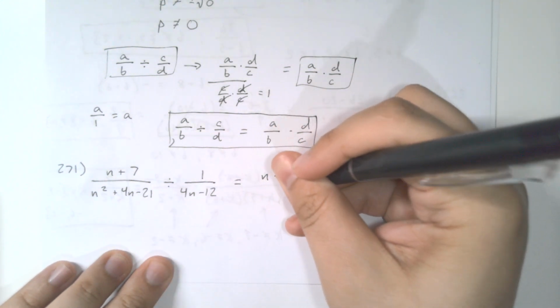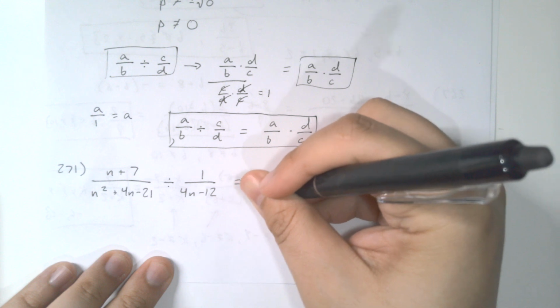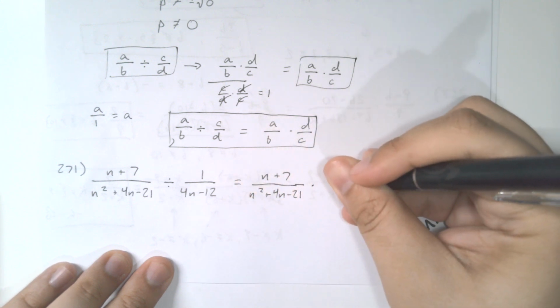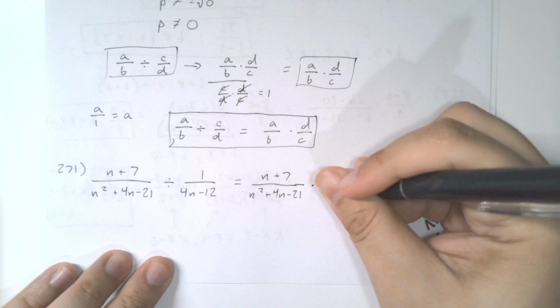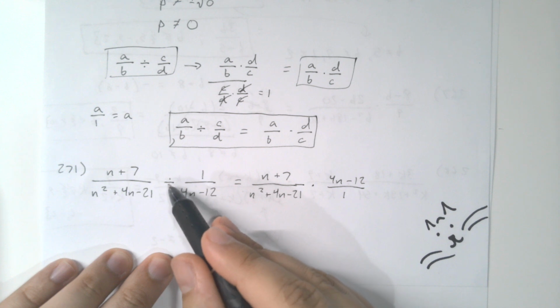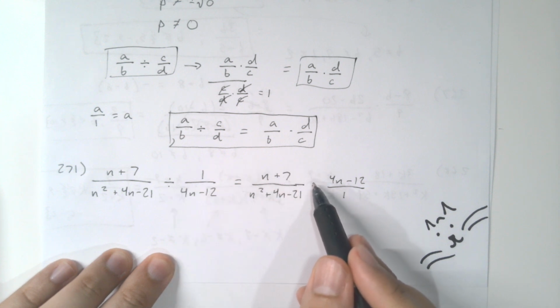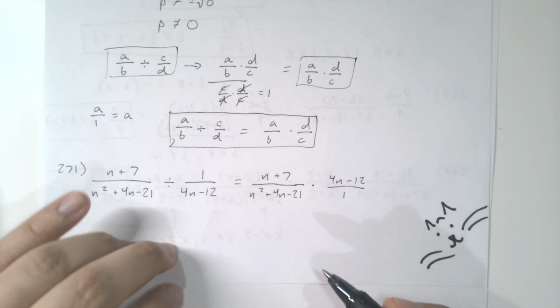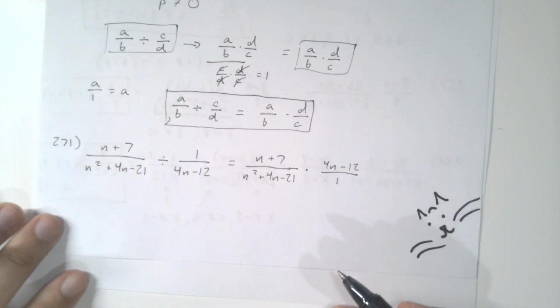So this is equal to n plus 7 divided by n squared plus 4n minus 21 times 4n minus 12 divided by 1. So again, we switched this division symbol for multiplication, and then we flipped the fraction on the right. And now we proceed like normal.